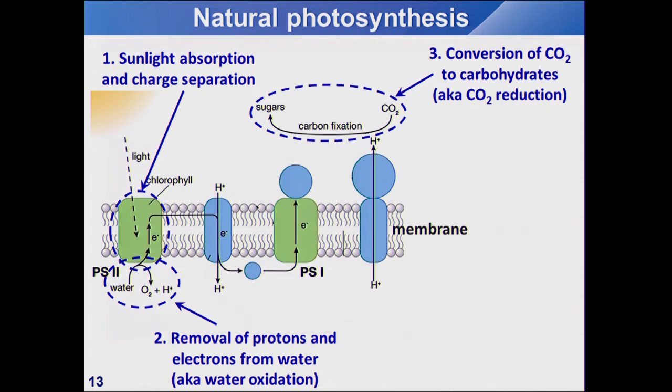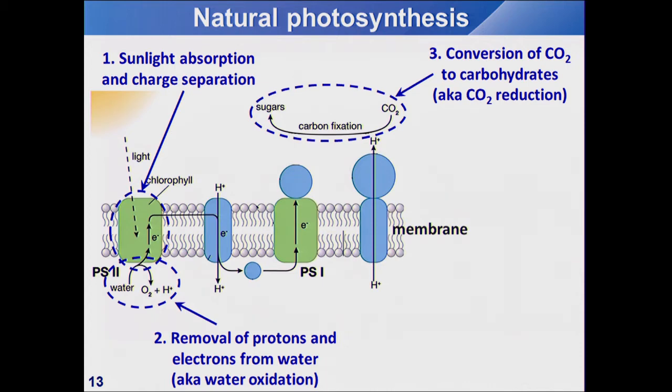There are two types of charges produced: negative charges as electrons and positive charges. And these positive charges are transferred to one particular side, called photosystem 2. The entire photosystem is separated into two parts: this part is formally called photosystem 2, and this part is called photosystem 1. Photosystem 2 uses these positive charges to remove protons and electrons from water, a process also called water oxidation.